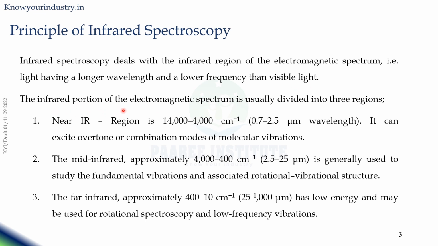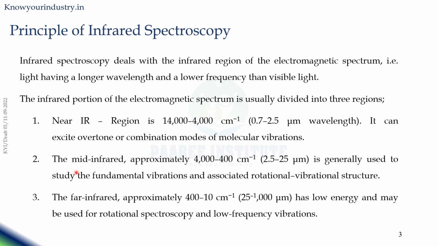The infrared portion of the electromagnetic spectrum is usually divided into three regions. The first is near IR, the region of 14,000 to 4,000 cm⁻¹. It can excite overtone or combination modes of molecular vibration in this region.